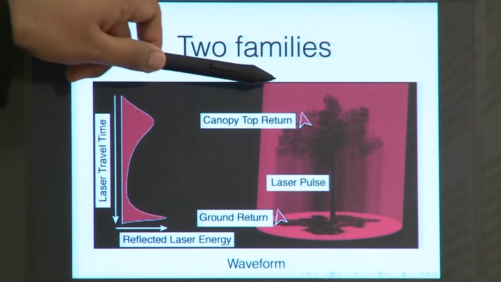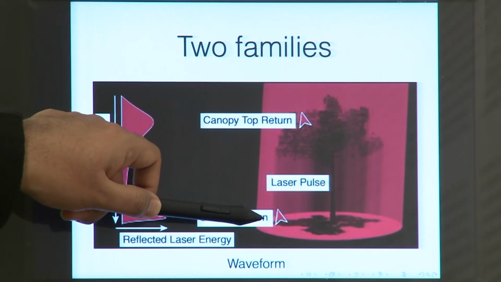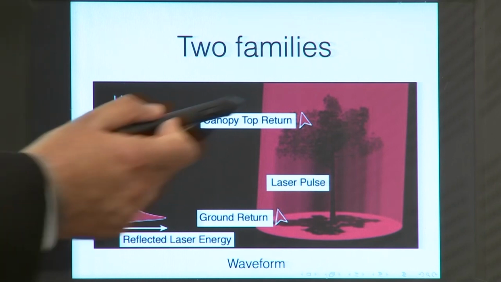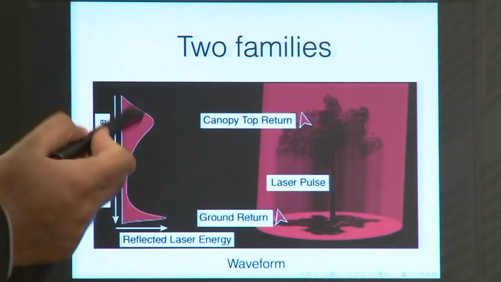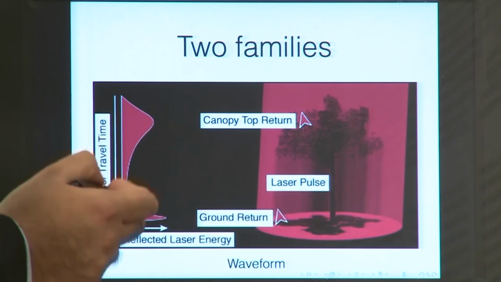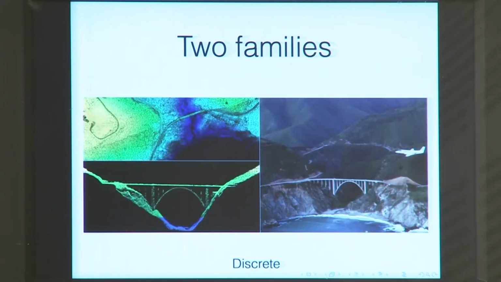So, from the topmost portion of the tree the distance is less and the distance to the ground level is greater. Here you have the canopy, and so more of the light is reflecting back. Here you have the ground level, so again you see a peak, and in between there is less reflection.